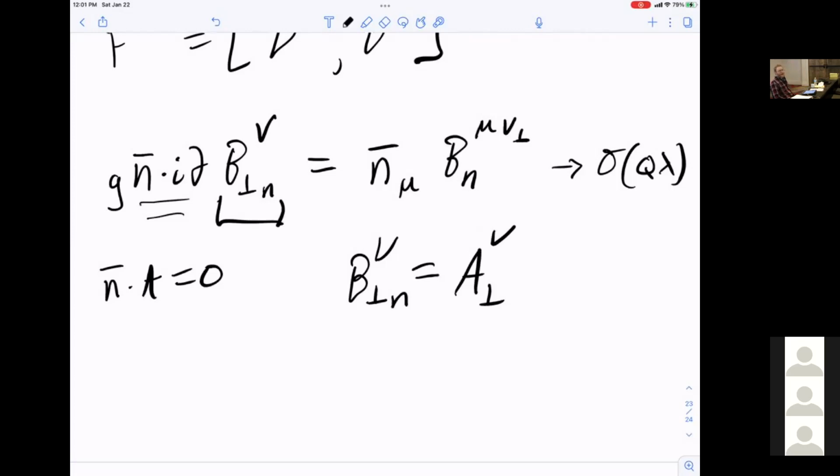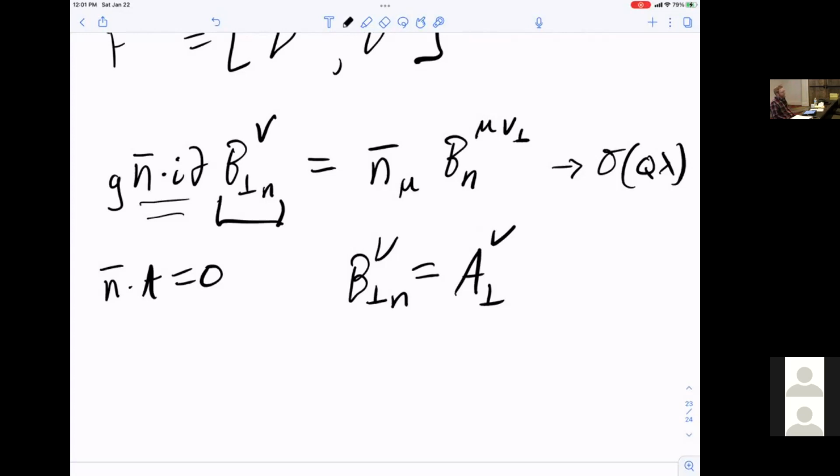And whenever you're doing factorization in light cone gauge, you always say that my gauge potential in the transverse plane is the leading power operator that I'm interested in. And that's being automatically produced for me by my power counting.